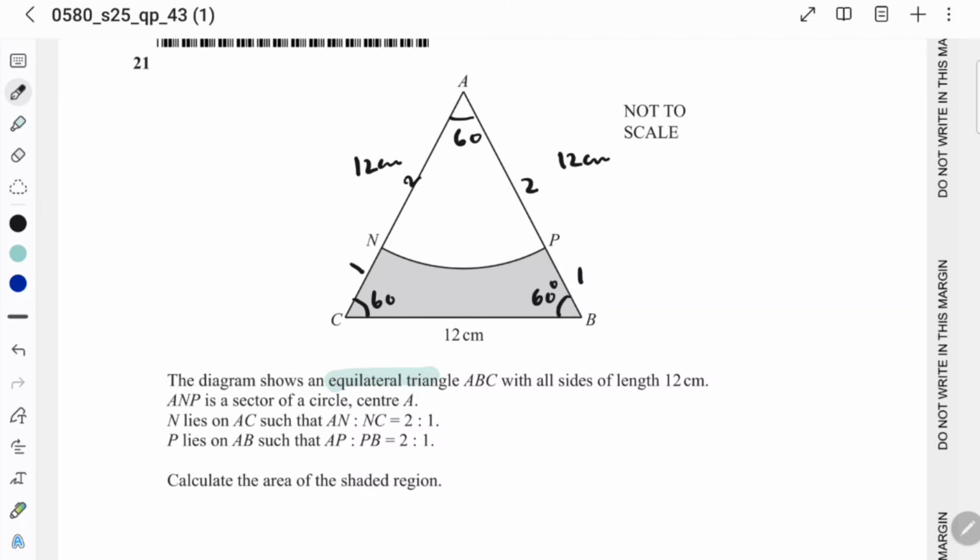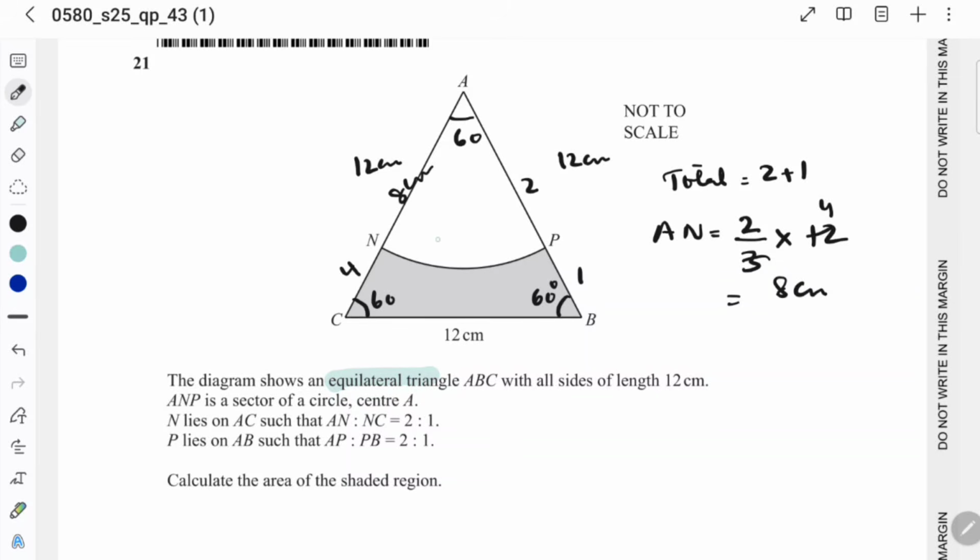AN is the radius, so AN equals 2 out of 3, since the total ratio is 2 plus 1, and the total is 12. So 3 times 4 is 12, and 2 fours are 8 centimeters. So the radius is 8 centimeters, and this is 8 and 4.